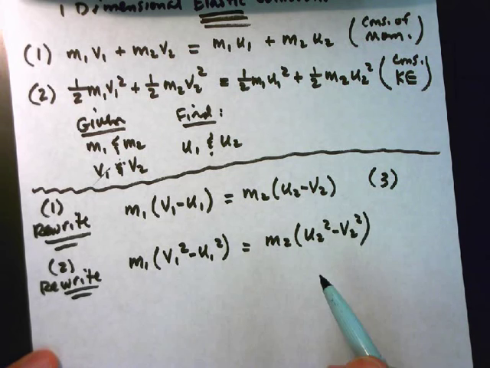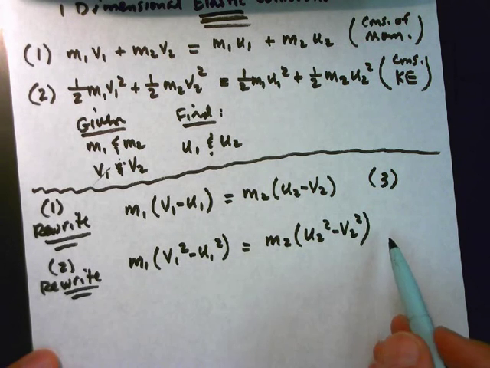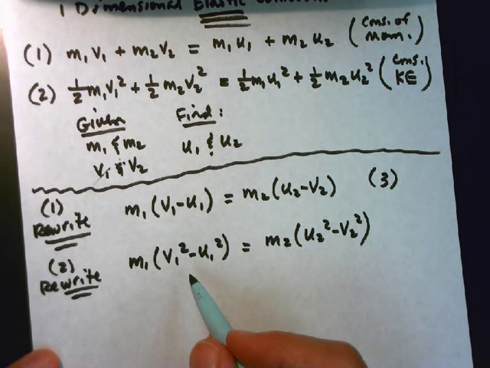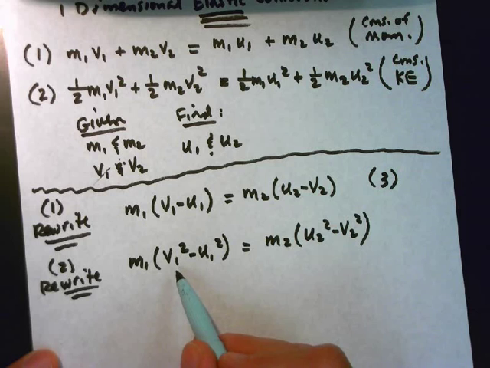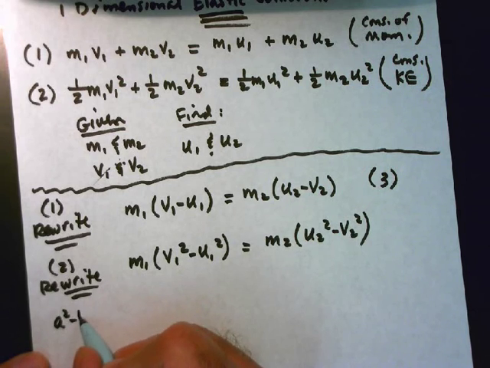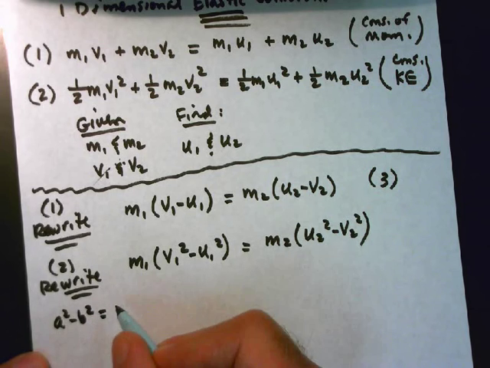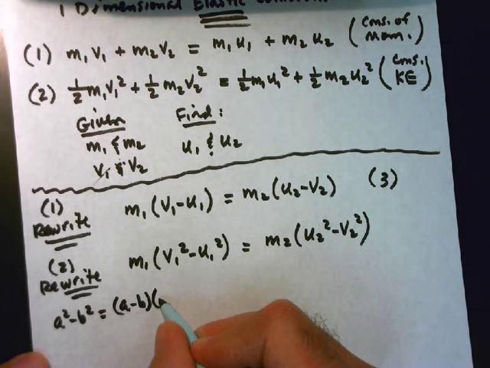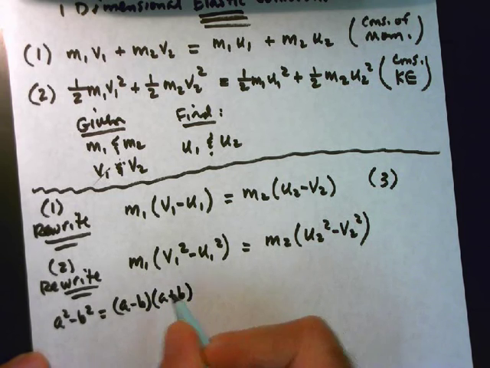Before we call it anything, let's expand that out using the idea of the difference of squares. Look at this one here: it's like a squared minus b squared, and remember a squared minus b squared is equal to a minus b times a plus b.